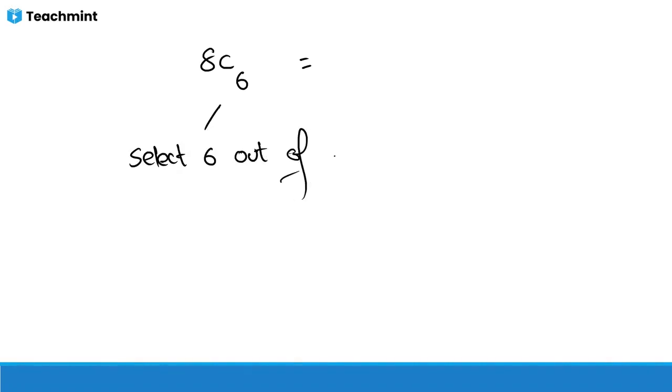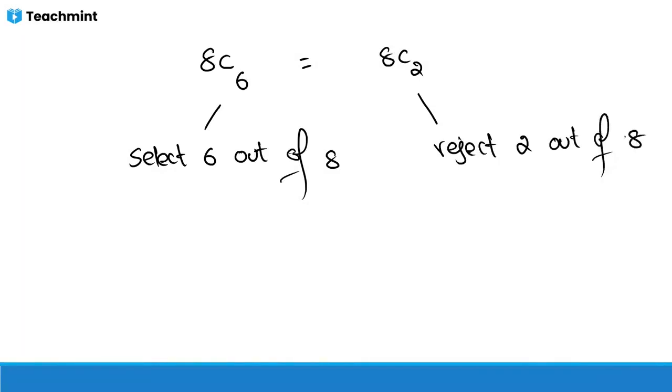It's nothing but equal to 8C2. What is this 8C2, sir? Rejecting 2 people out of 8 is the same. 8 people attended the interview. Rejecting 2 people means I selected the remaining 6. Both mean the same. 8C6 I can write as 8C2.